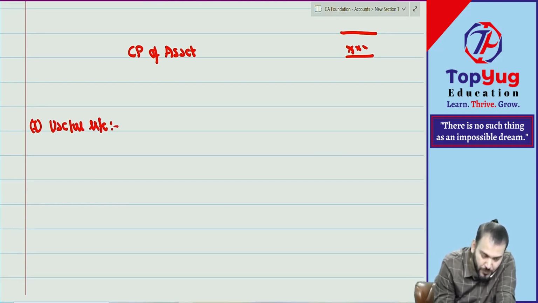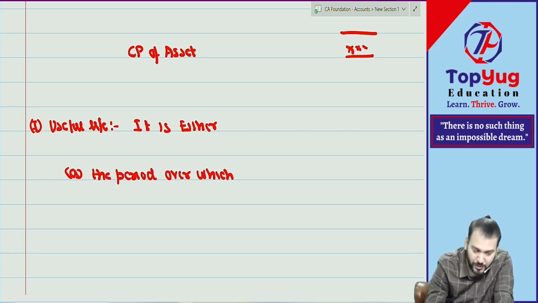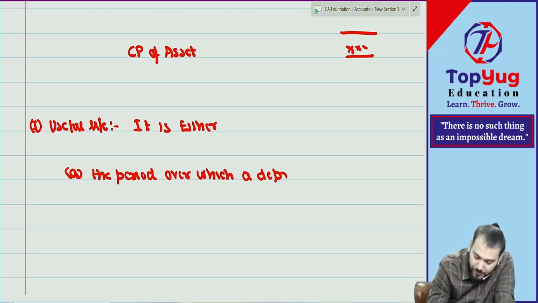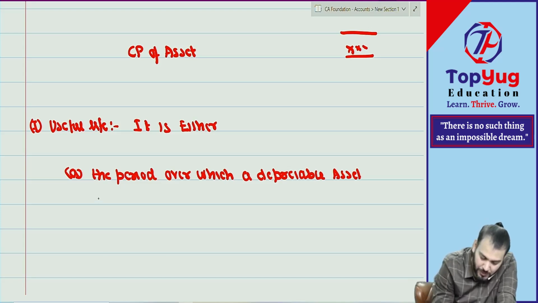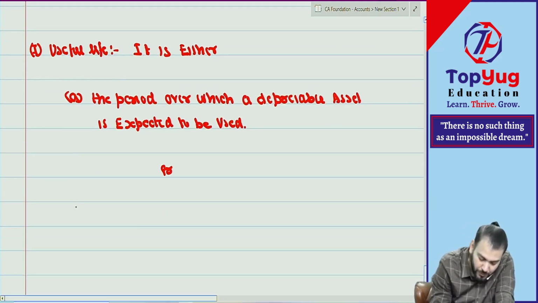Either point number A: the period over which a depreciable asset is expected to be used. Correct.